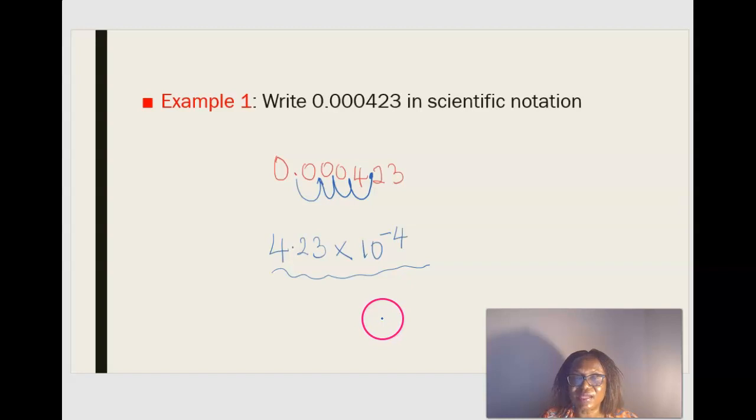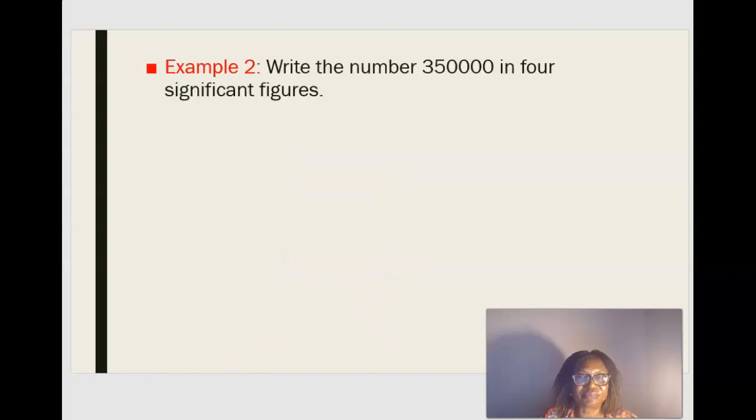We'll take another example. Example 2. Write the number 3500000 in 4 significant figures. Based on our significant figure rule, these zeros are not significant.